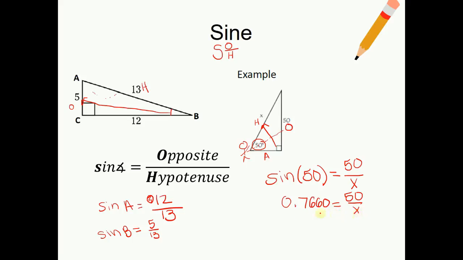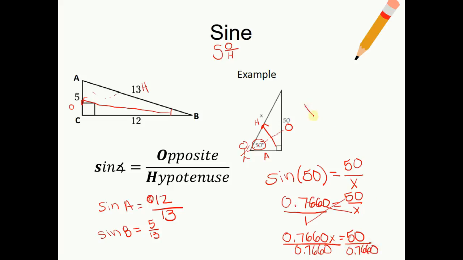X is in the denominator. So you know what I'm going to do? I'm going to make this a fraction. This might make it a little easier. Now I can just kind of cross multiply, just like we were doing a unit ago. So I'll get 0.7660x equals 50. It looks like I need to divide by that decimal there.